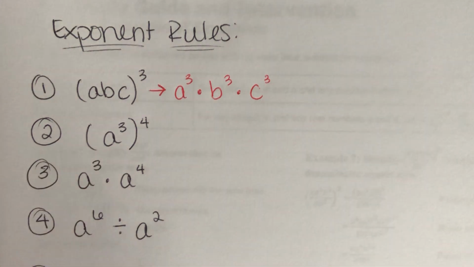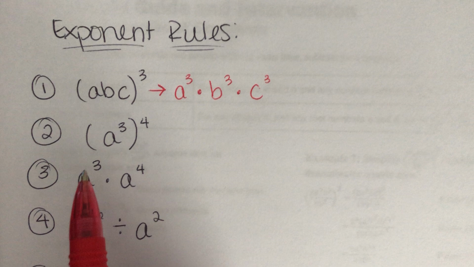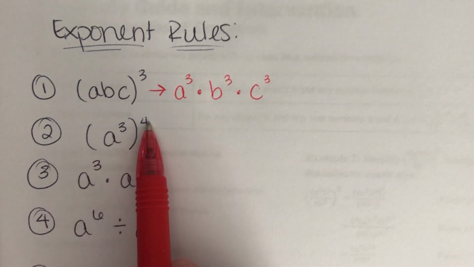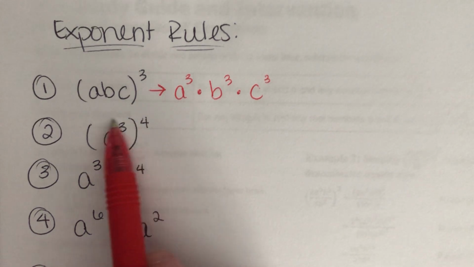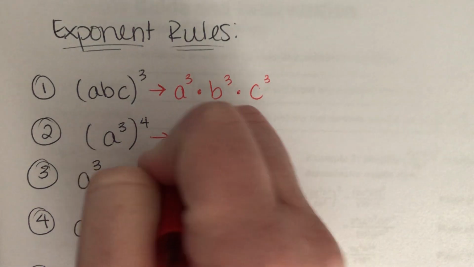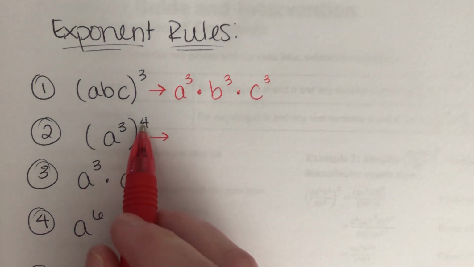Okay, the next thing we learned is that when we have a base raised to an exponent, remember an exponent tells us how many times we are going to multiply the base by itself, right? So we're going to take the base, a to the third, and we're going to multiply it out 4 times.